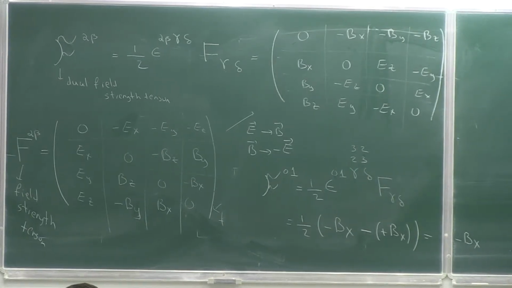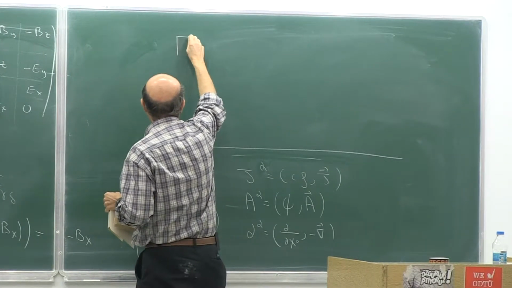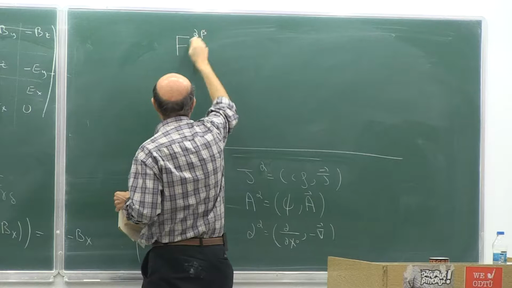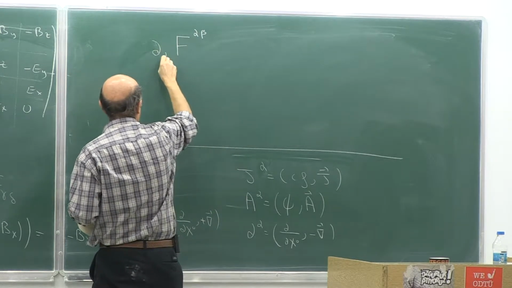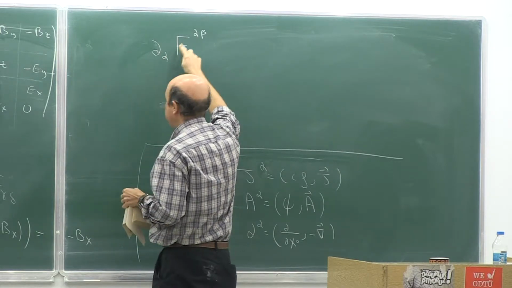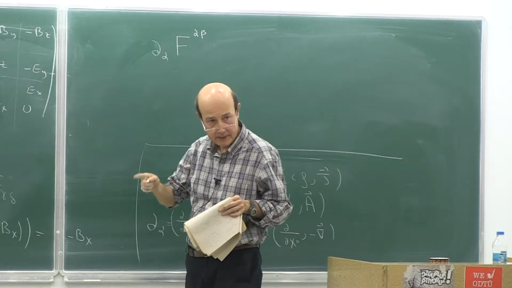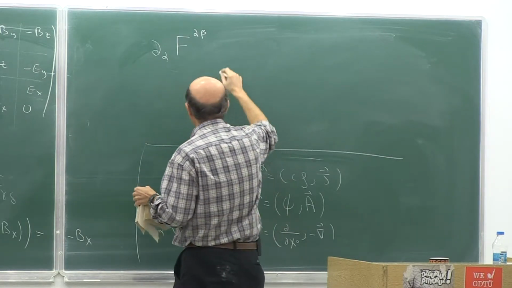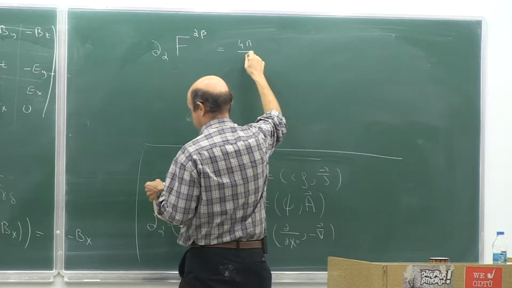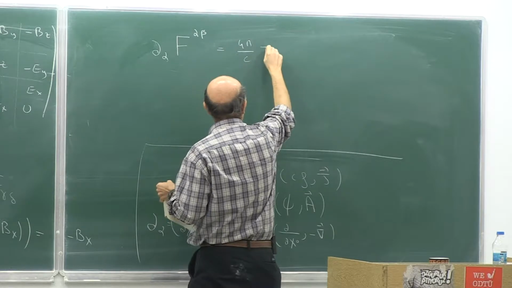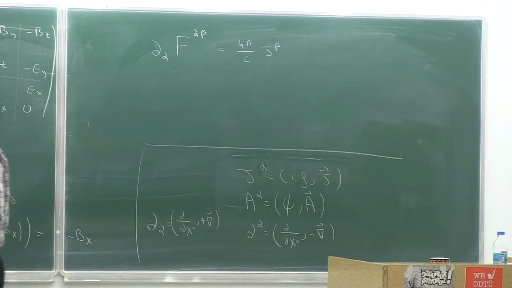So if you think about the F^{alpha beta}, if you take the derivative with respect to alpha, so these alphas will be contracted, the free index should be beta, and that is equal to 4 pi over c J^beta. So this represents the inhomogeneous Maxwell's equations.